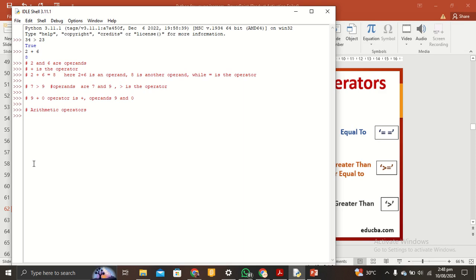They allow you to perform mathematical operations. Division is slash in Python, and multiplication is asterisk. This is addition, this is subtraction, this is division, this is multiplication.